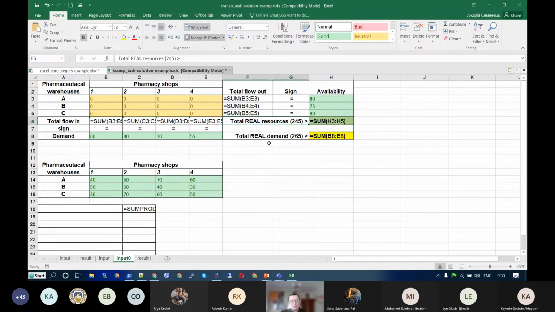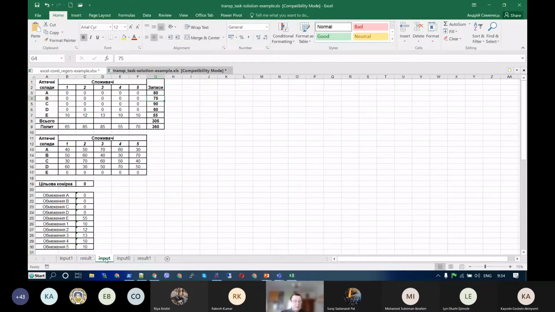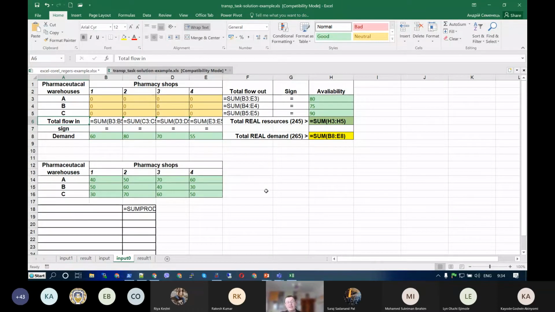To get in line and go to the optimal solution, we have to add a dummy warehouse, which will provide the necessary imaginary resources. Then it has to be added into all these flow in, flow out formulas.